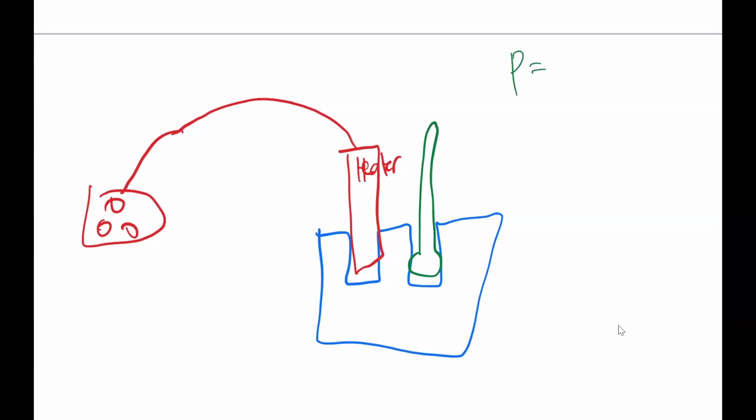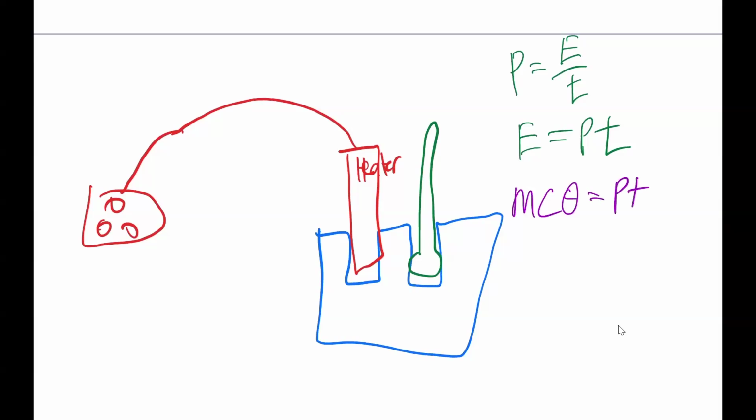Power equals energy over time. In this case, energy equals power times time. Just now we learned heat energy was what formula again? Very good, it's mc theta.